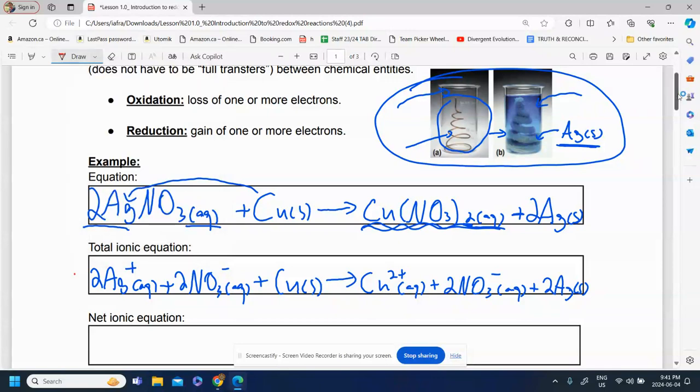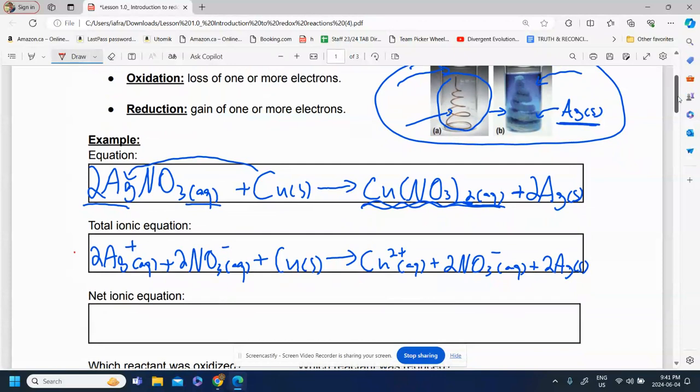Now remember, you can do the net ionic equation, meaning you can show what the overall reaction is, because some ions are not really doing anything. They're simply spectators. So to do that, what you do is you take a look at both sides and you cancel out whatever appears on both sides exactly the same. So if you look over here, we have the nitrate appearing exactly the same on both sides as NO3 minus.